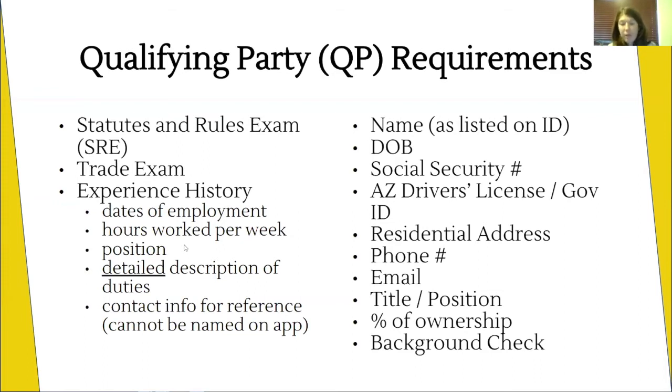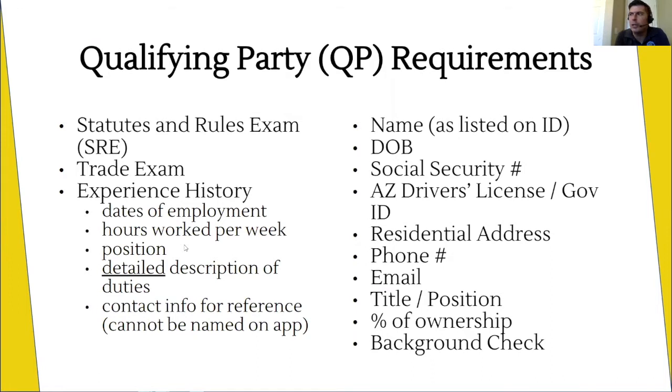And I do know one of the bigger issues with experience is that it is often not detailed enough. So the more details you can provide, the better. If you're applying for HVAC, air conditioning, include the units that you work on, the size. If you're electrical, where and how you were installing the electrical.